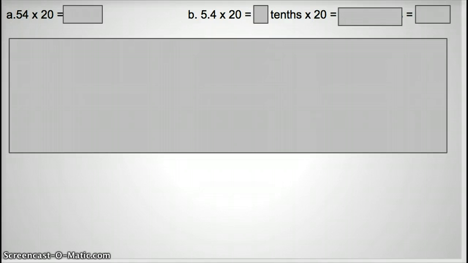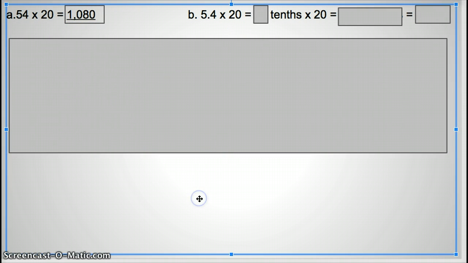So let's look at 54 times 20 and compare it to 5.4 times 20. If I took 54 times 20 and found the answer, you'd get 1080. This problem has multiple parts. There's actually three parts: getting the answer right here, getting the answer right over here, and being able to explain it.